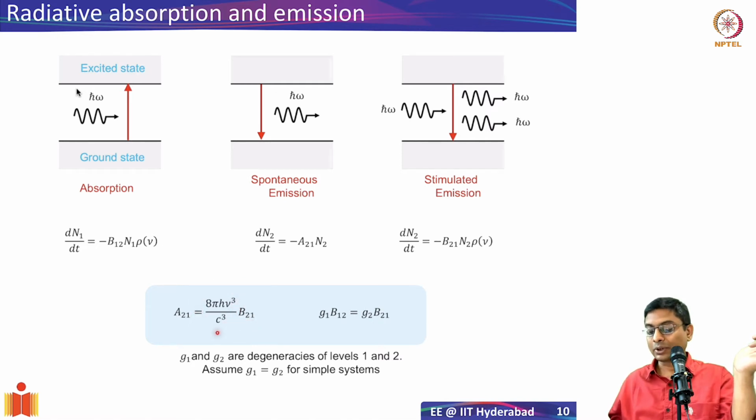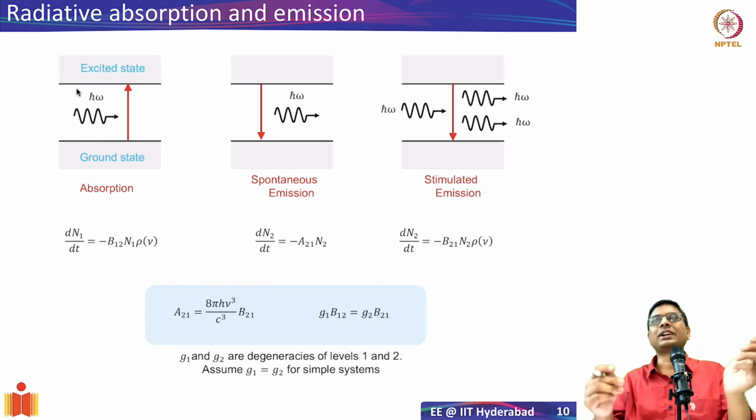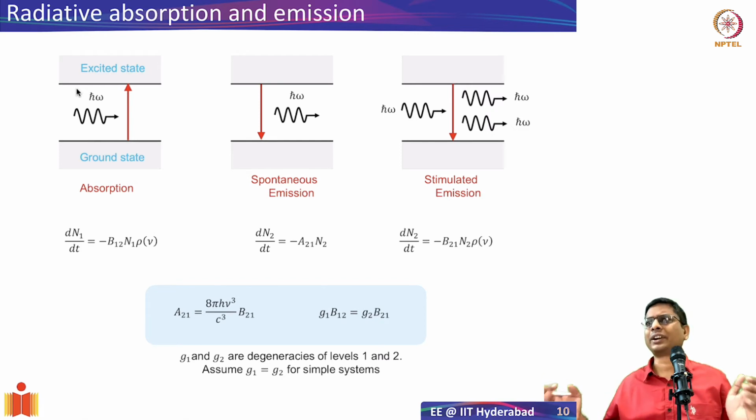And this is a very important thing. If you notice, the spontaneous emission depends on the stimulated emission, but then there is this frequency cube term that comes in. That means that if you try to have higher and higher frequencies, for example, compared to red frequencies, I look at blue frequencies. Blue has a higher frequency. That means at higher frequencies, the spontaneous emission is much more dominant than at red frequencies.